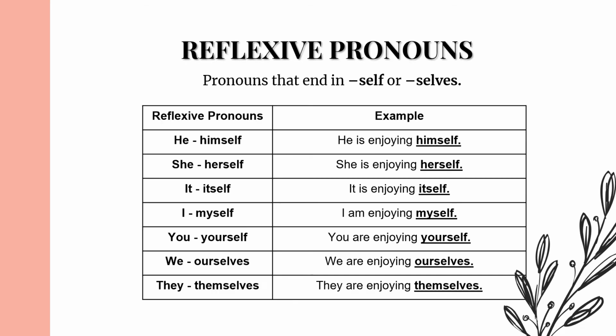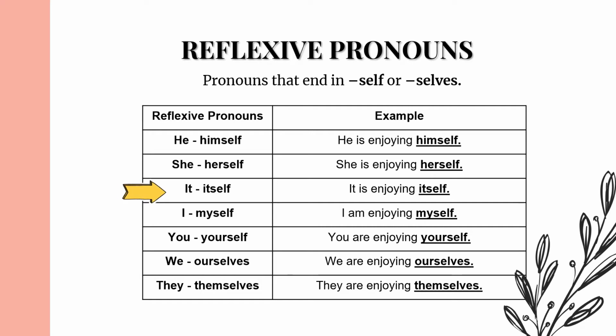Now, let us look at reflexive pronouns. Reflexive pronouns are pronouns that end in self or selves. Look at the table below. For the first one, he. For example, he is enjoying himself. The second one, she is enjoying herself.